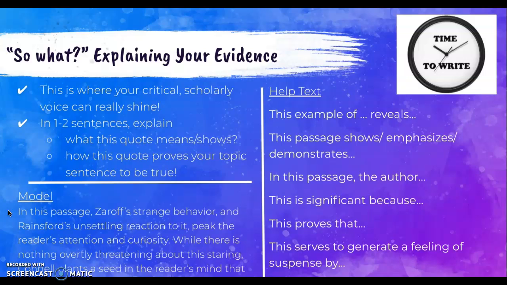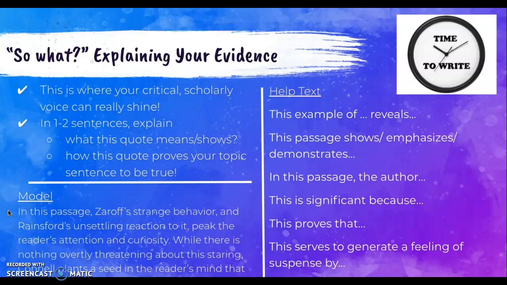Our model reads, in this passage, Zaroff's strange behavior and Rainsford's unsettling reaction to it pique the reader's attention and curiosity. While there's nothing overtly threatening about this staring, Connell plants a seed in the reader's mind that this man is not to be trusted.